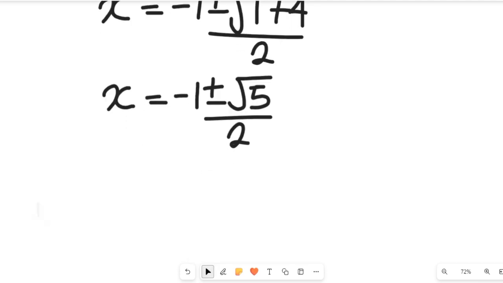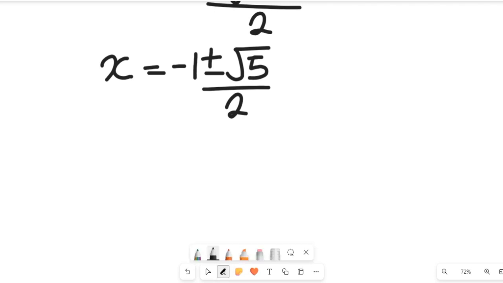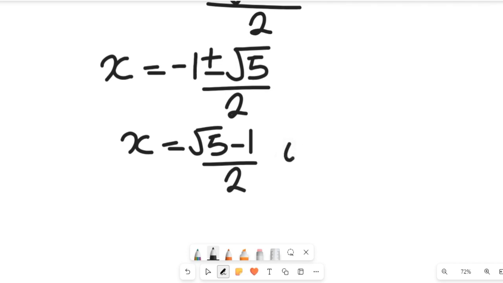That expression gives us two values for x: x equals root 5 minus 1 divided by 2, or negative 1 minus root 5 divided by 2.